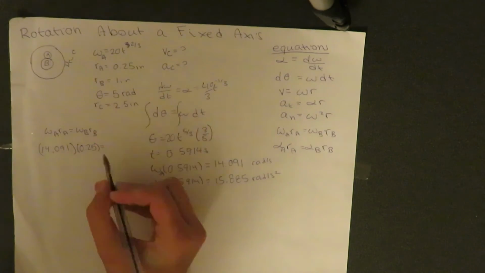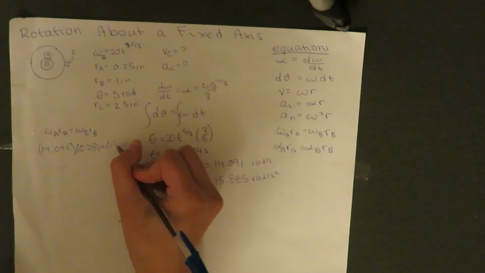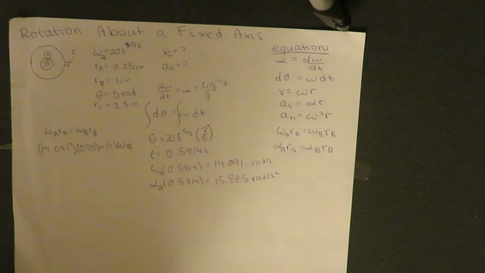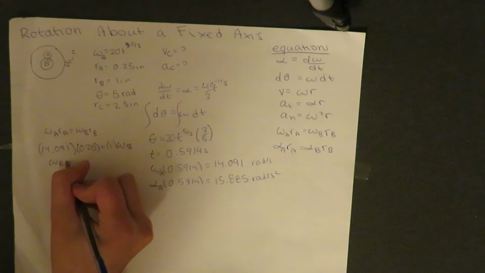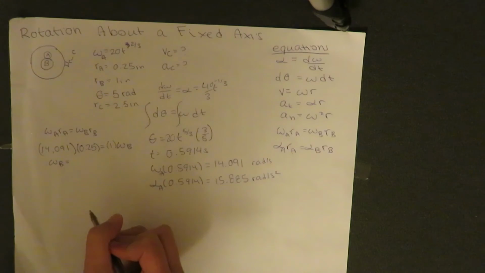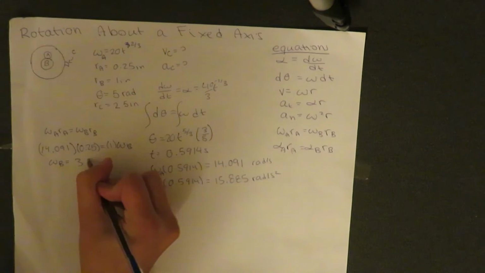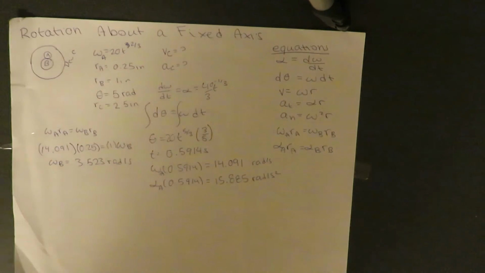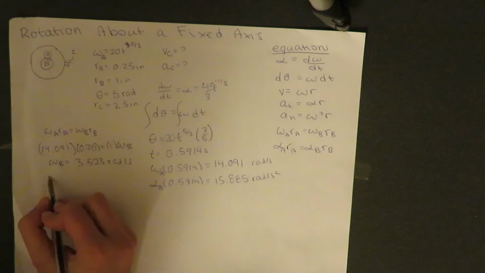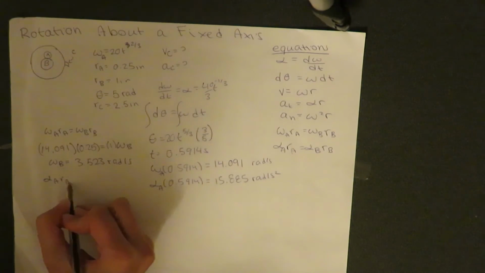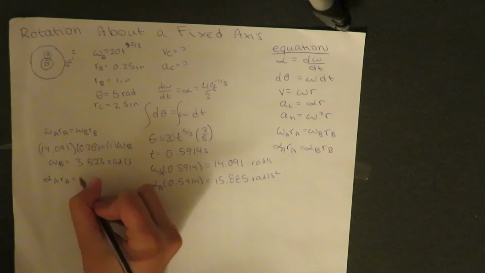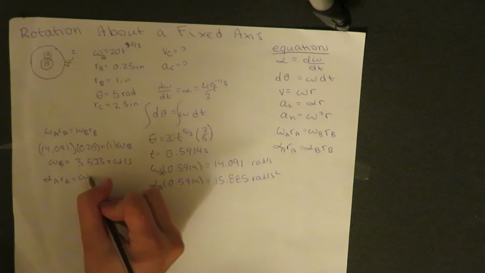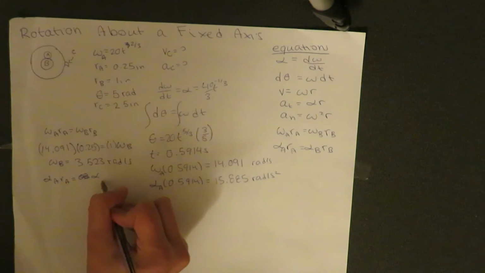We're also given RB as 1 inch, and we want omega B. So rearranging and solving, this gives us 3.523 radians per second. Now, doing the exact same thing, but for alpha, will give us the angular acceleration of B.